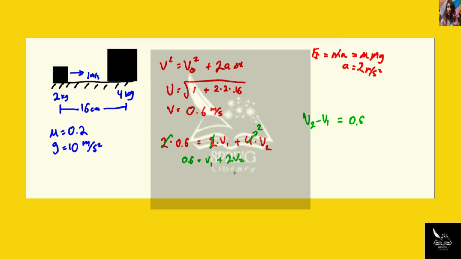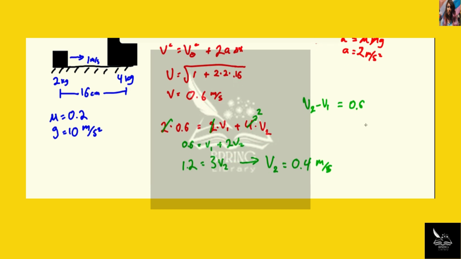If we add these together, we get 0.6 plus 0.6, or 1.2. The v1s will cancel, and we'll end up with 3 v2. If we solve that for v2, we get 1.2 divided by 3, so v2 is 0.4 meters per second. That is the speed of the larger block.